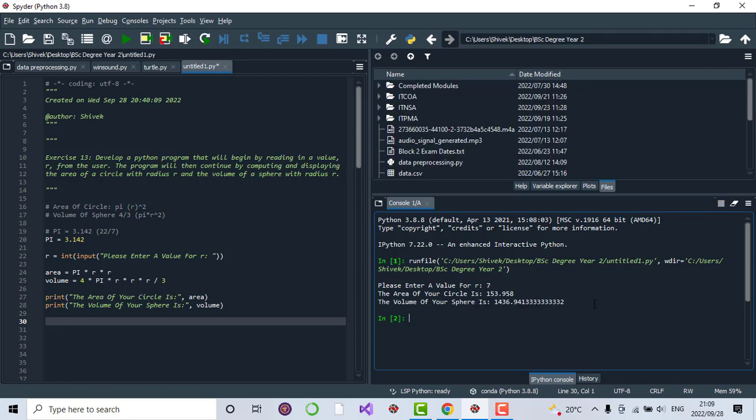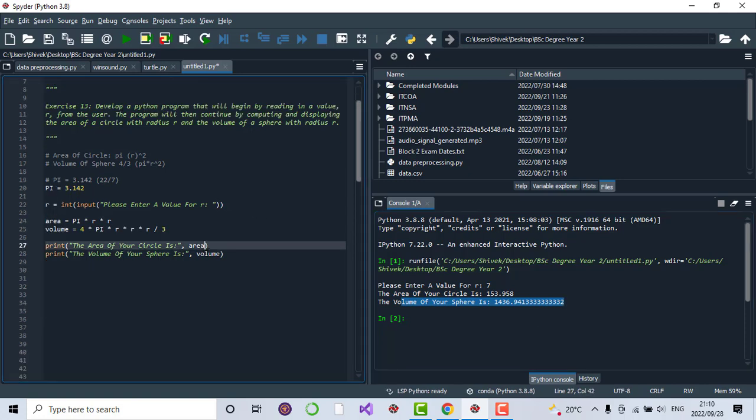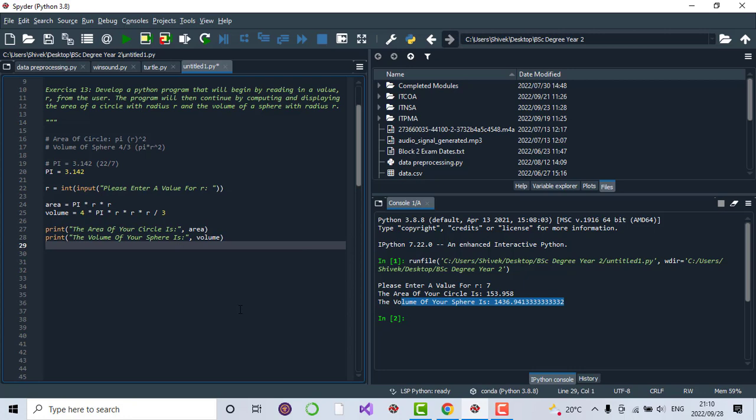And there we have it. Area of your circle is that, volume of your sphere is that. You can also append units. They didn't specify units, so you may just write units squared or units cubed and so on.